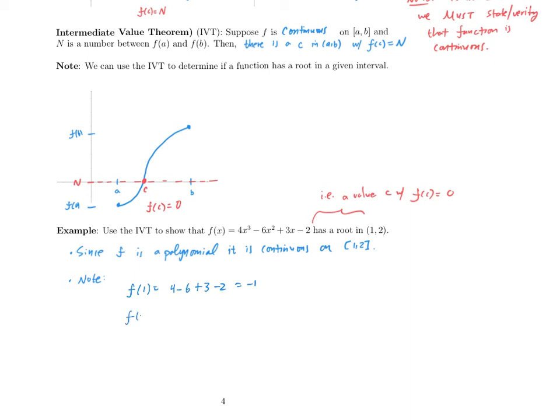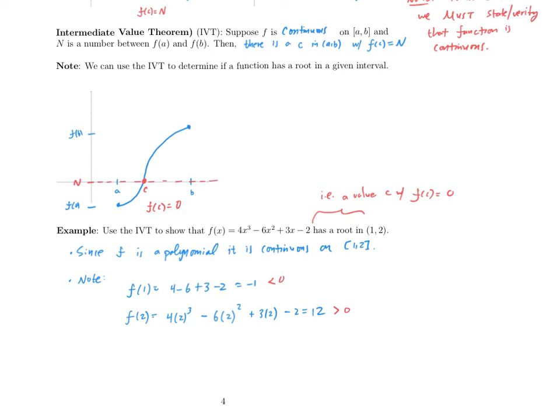If you substitute in 2 for x, you get 4 times 2 cubed, so 32, minus 6 times 2 squared, so 32 minus 24, putting us at a positive 8 currently, plus 3 times 2, so 8 plus 6, putting us at 14, minus 2 is 12. And to be honest, the number itself is somewhat irrelevant. It's just the fact that f of 2 is positive and f of 1 is negative.